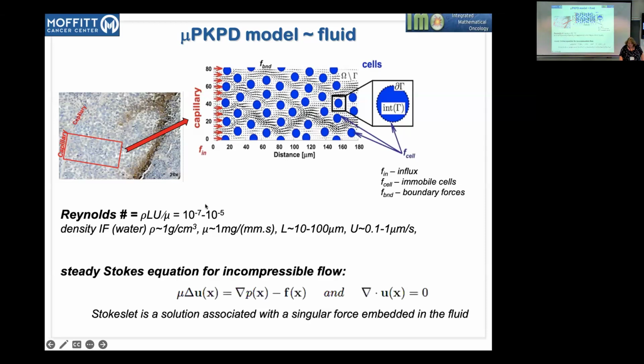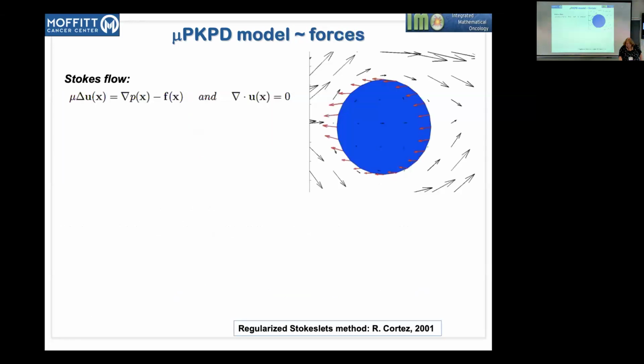So what we want to use is the Stokes flow, which is governed by the differences in pressure and then the applied force. But if you apply force to a point, the solution has singularities. So what we will be using is the regularized Stokeslets method, which was developed by Ricardo Cortez, one of my professors in my PhD at Tulane University.